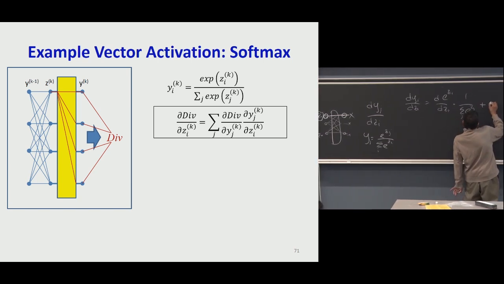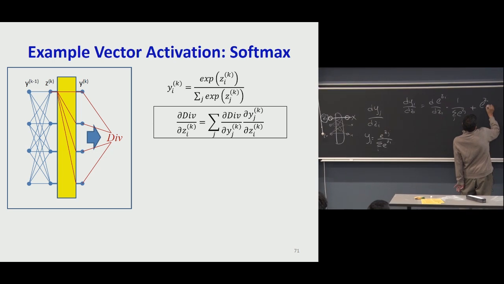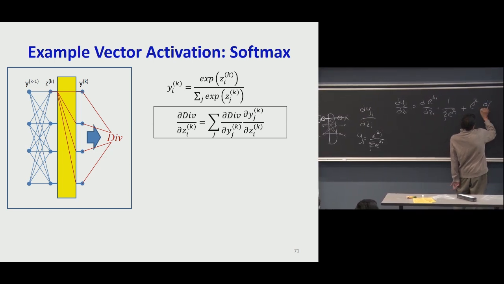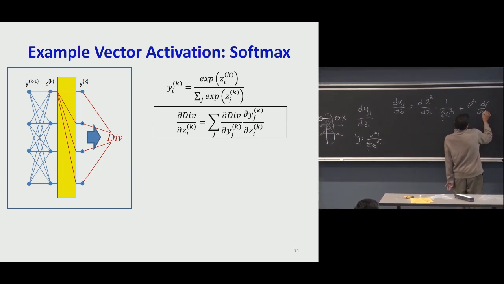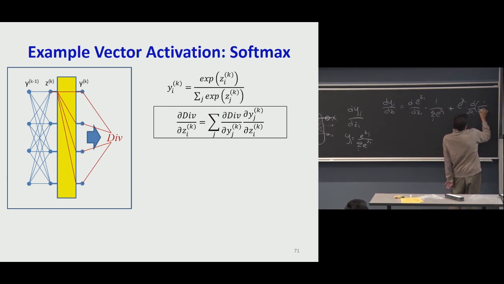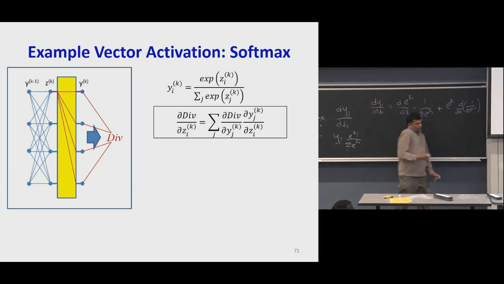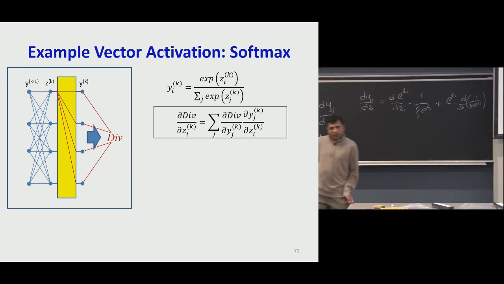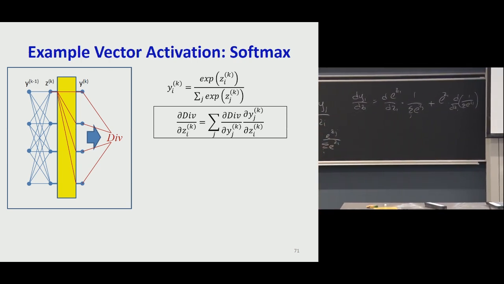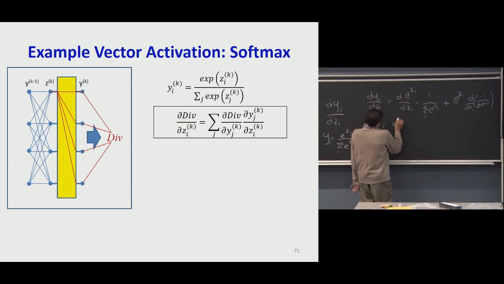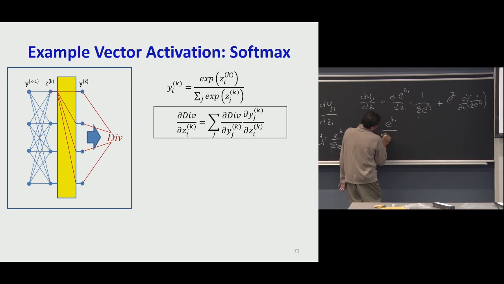Plus e raised to zi times d over dzi of 1 over summation e raised to zj. Just a standard differentiation rule, correct? And the derivative of the exponent is simply going to be e raised to zi over summation j e raised to zj, because the derivative of an exponent is itself.